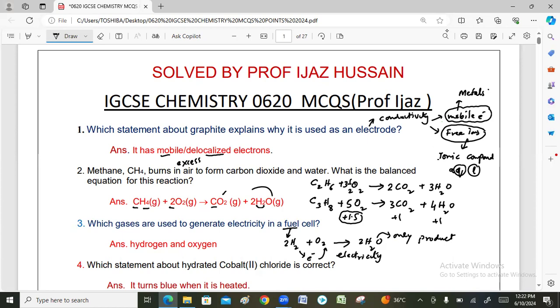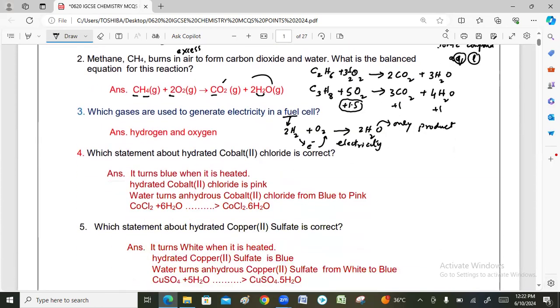Now, the next point is which statement about hydrated cobalt(II) chloride is correct. So this is the hydrated cobalt(II) chloride. The color of hydrated cobalt(II) chloride is pink, and anhydrous cobalt(II) chloride is blue. So the equation from left to right is used to test for the presence of water.